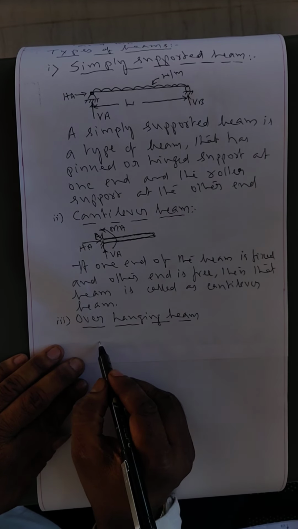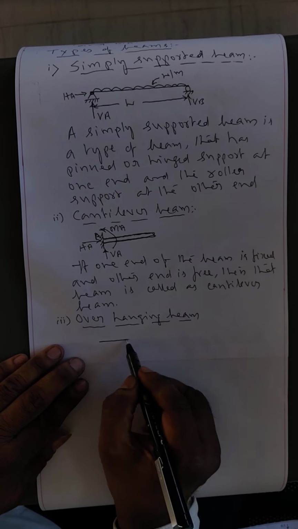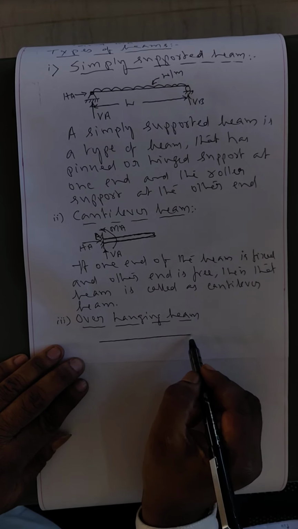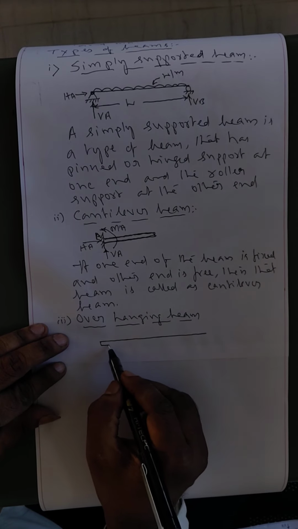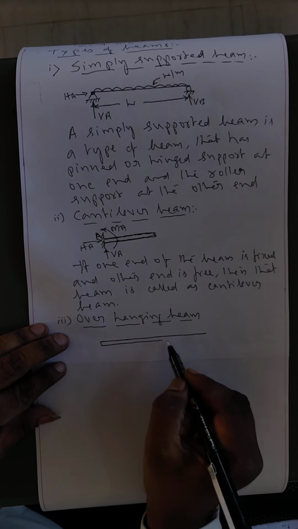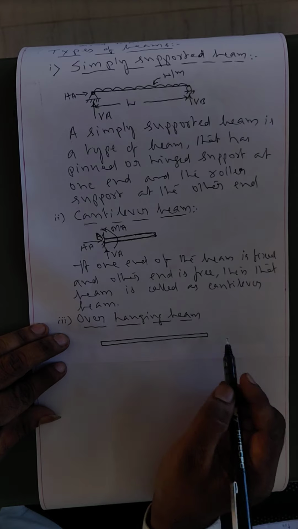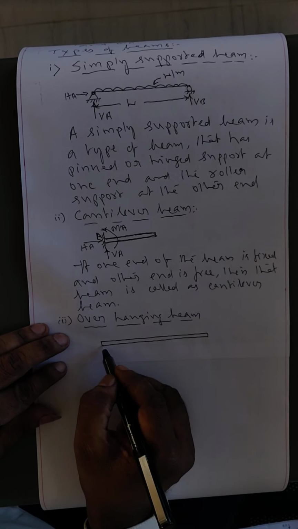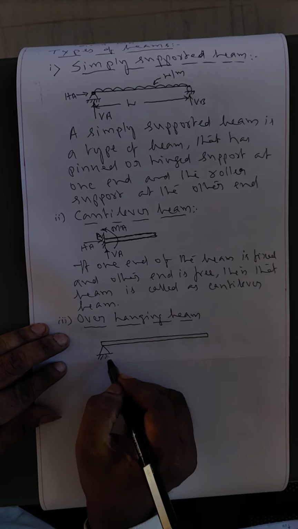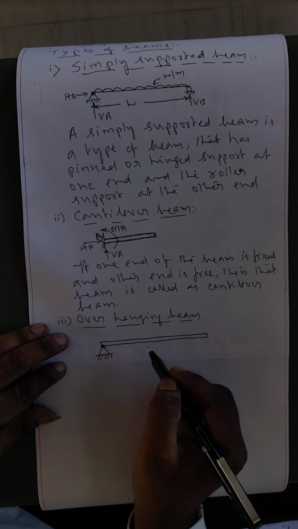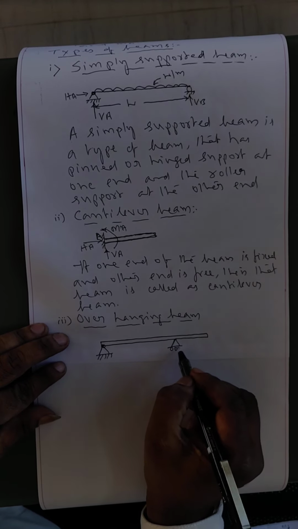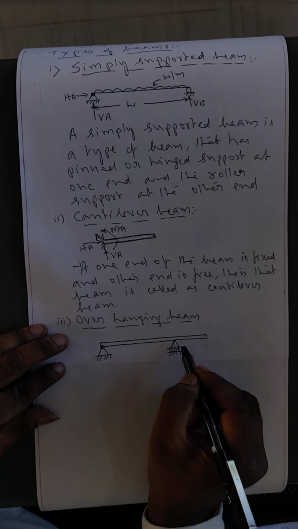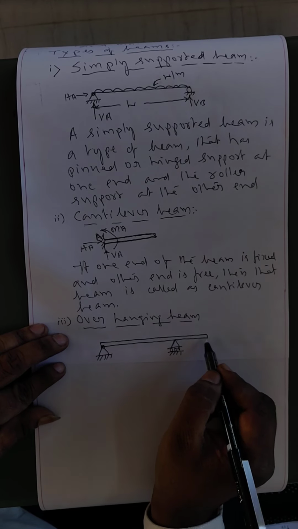See, this is the beam. Here it is hinge support. Hinge means here one small circle is there. Here it is roller support. See, this is the overhang portion.